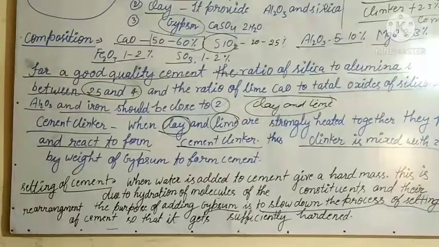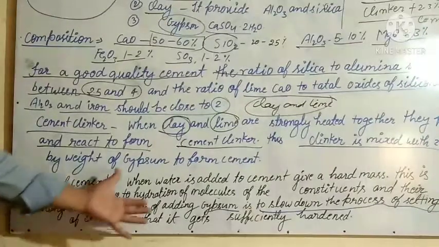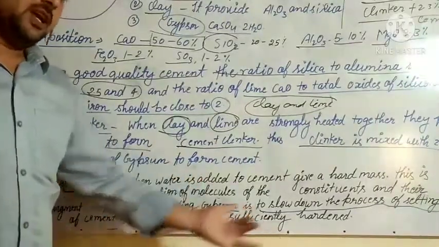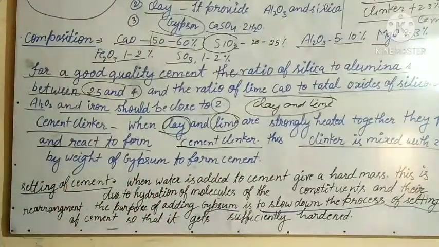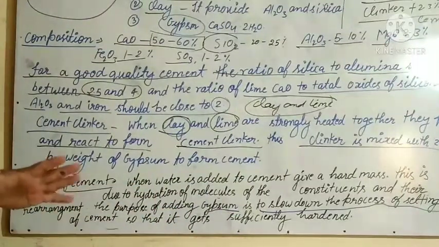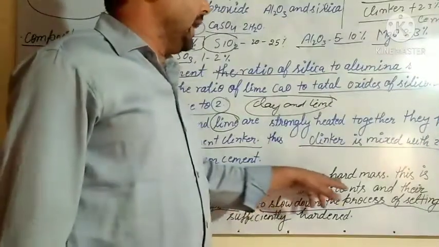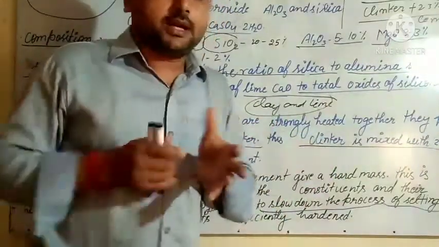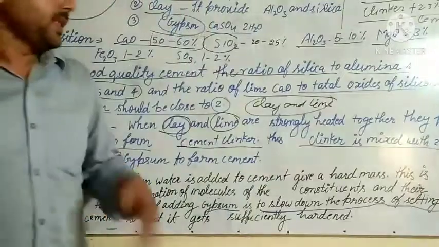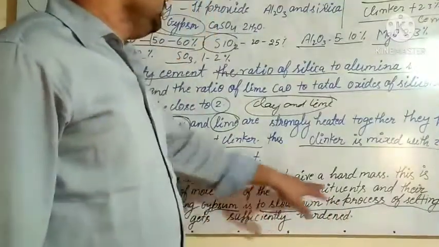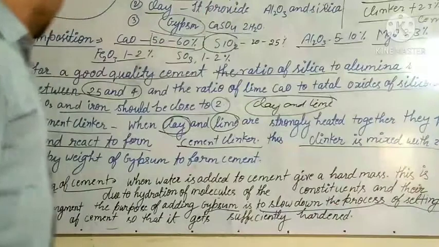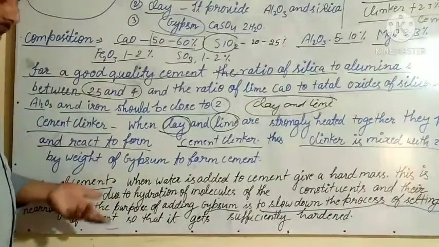So students, again we will see this because it was not visible that time I taught. So please see it and watch it carefully. We have discussed when water is added to cement, it gives a hard mass. Means when water is added, that gets hard. Why is it happening?